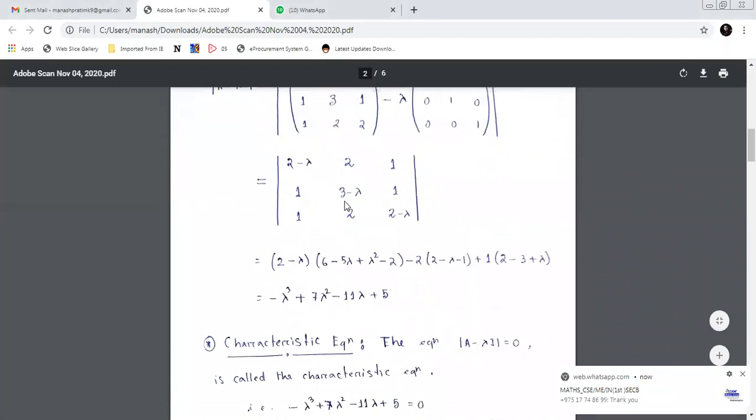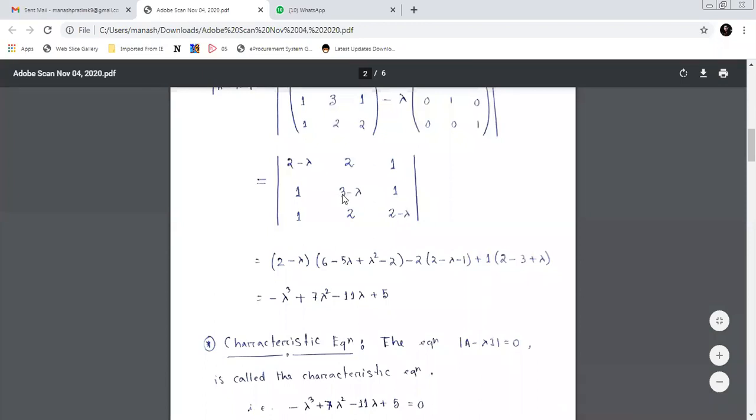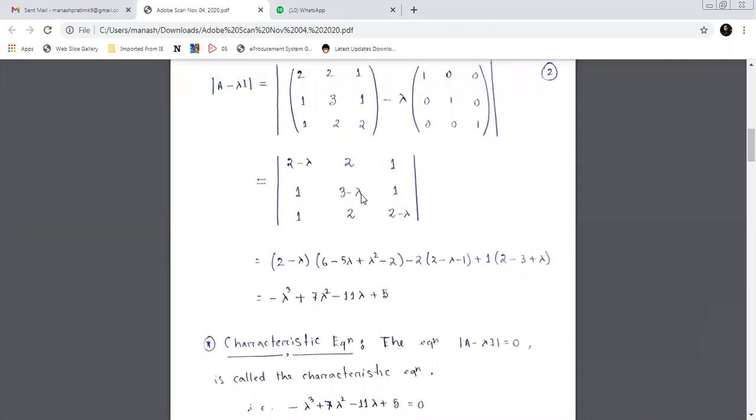Now, expanding along the first row, we get (2 minus lambda) times (3 minus lambda)(2 minus lambda) minus 2. Multiplying out: 3 into 2 is 6, 3 into minus lambda is minus 3 lambda, minus lambda into 2 is minus 2 lambda, so minus 5 lambda, and minus lambda into minus lambda is plus lambda square.